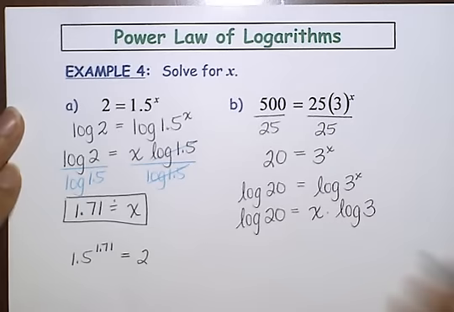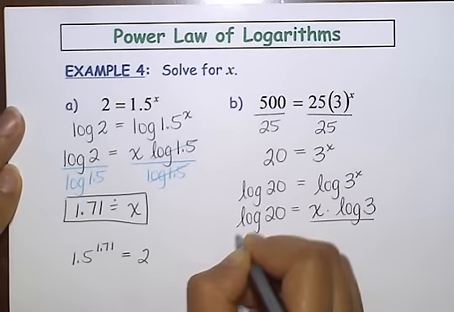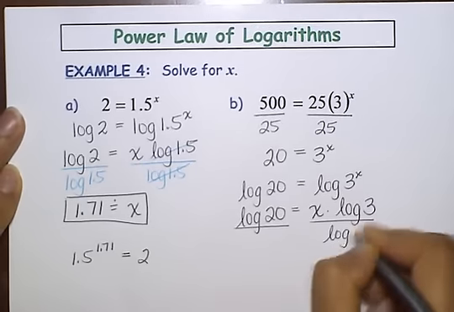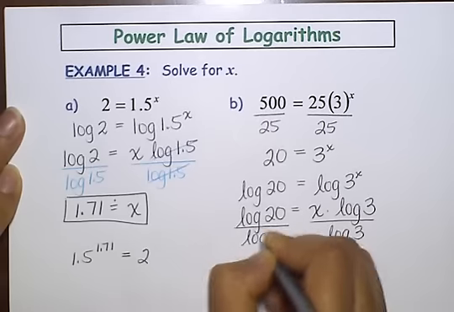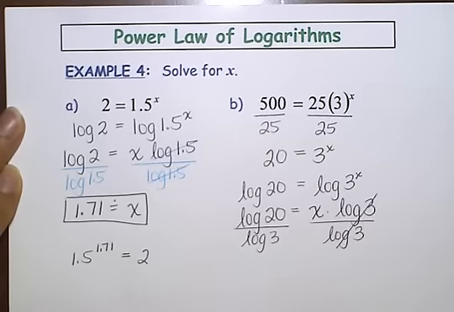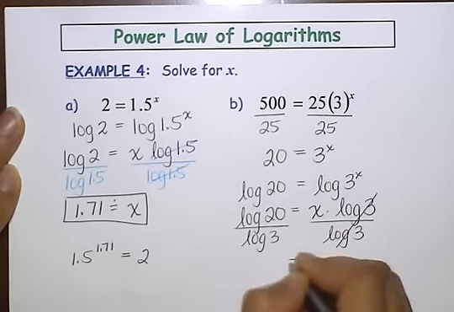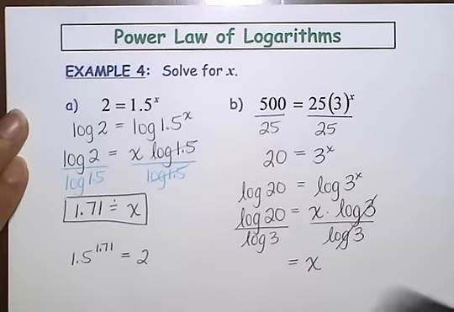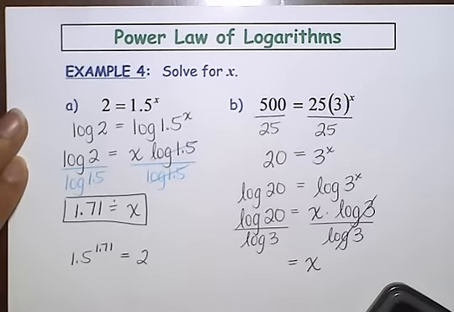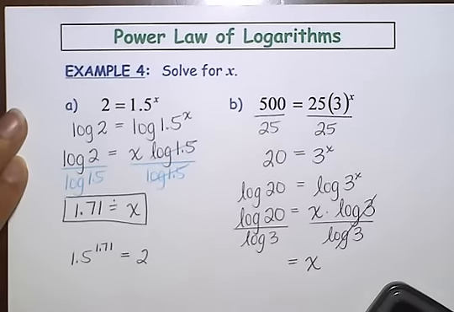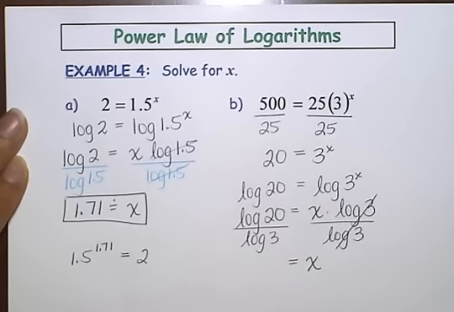Okay, and if I divide both sides by log of 3, much like what we did in the last example, the log 3 part cancels out. On the right hand side I'm left with x, and I can calculate the rest on my calculator. So log of 20 divided by the log of 3 gives me a result of about 2.73.